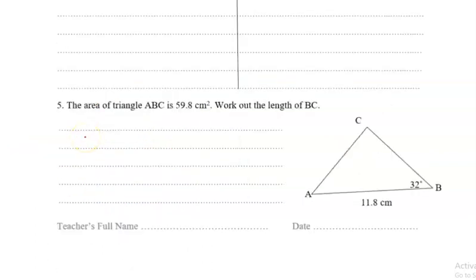Question 5. The area of triangle ABC is 59.8. Work out the length of BC. So the formula is area equals 1/2 AB sine C. So if this is the angle we're using, the two adjacent sides are here.